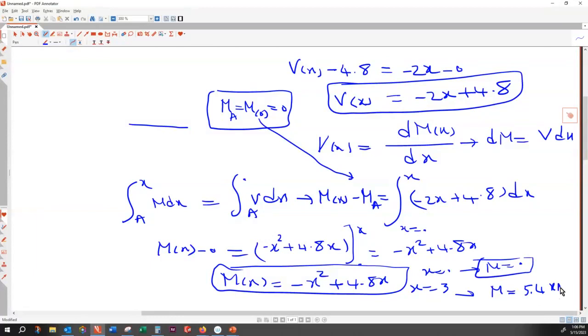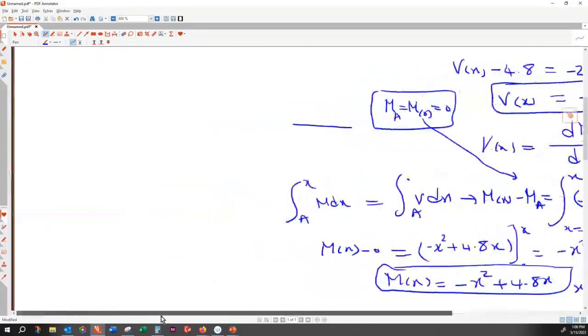And the unit is kilonewton meter. All right, now we are ready to plot this one.